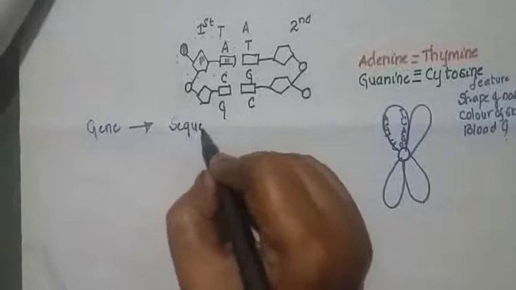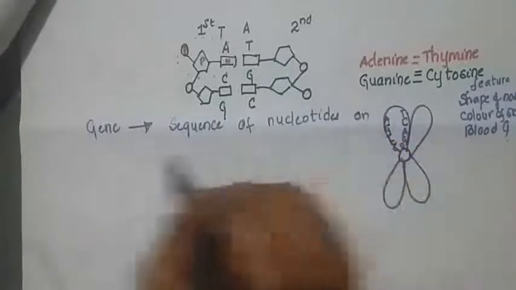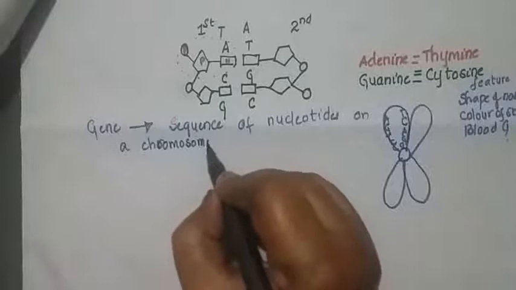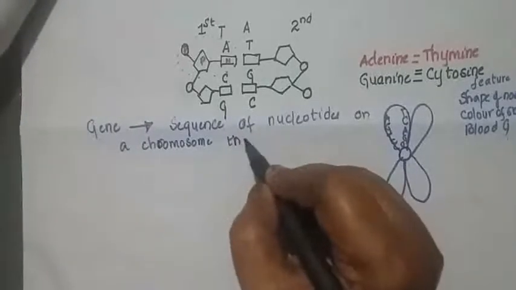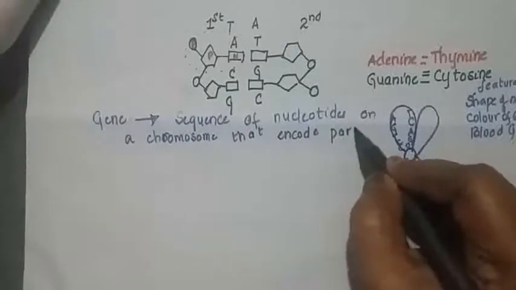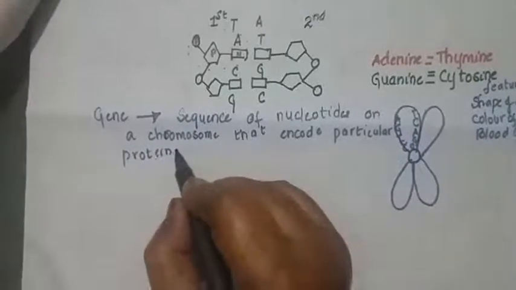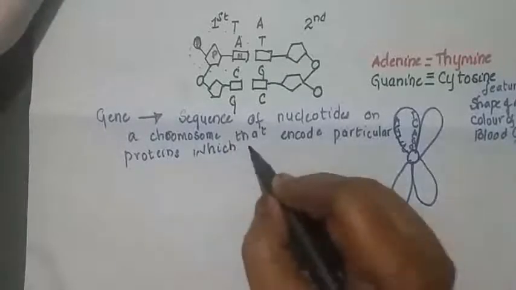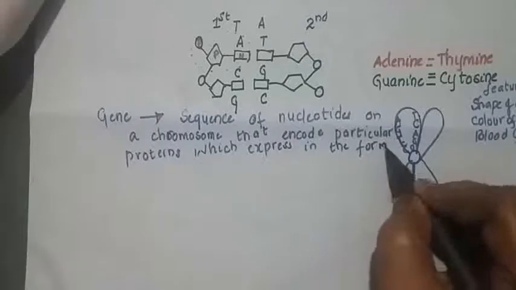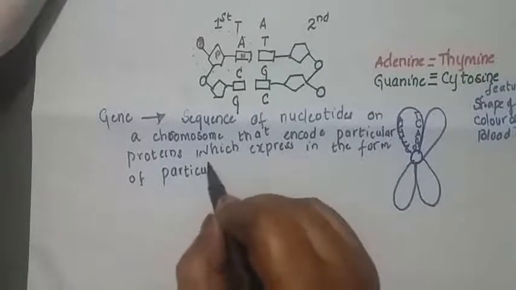You can say that a sequence of nucleotides on a chromosome that encode a particular protein, which is expressed in the form of a particular feature in the body.